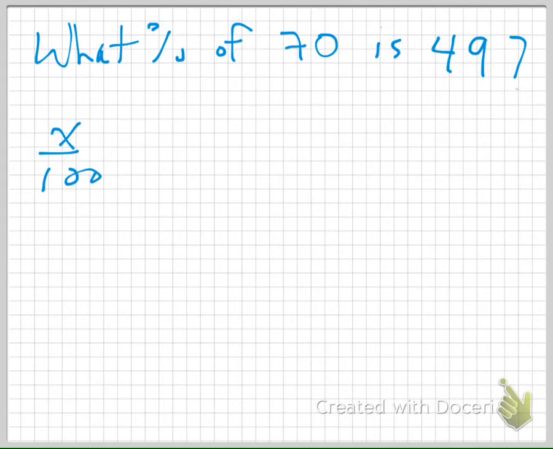Anytime you see 5%, it's 5 over 100. What percent? x over 100. Of 70 equals 49.